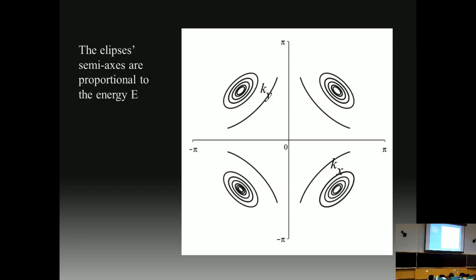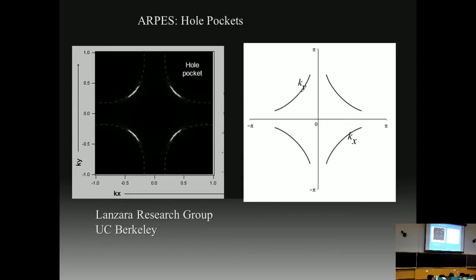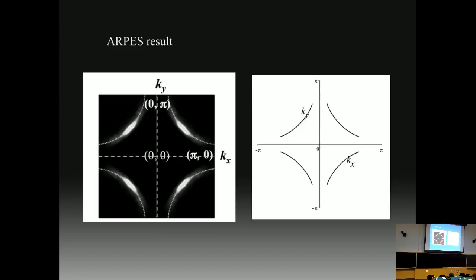So you see there are these 4 pockets at those points. And this can be compared with Harper's result. We see it's very similar. So this is the kinematics of our model.